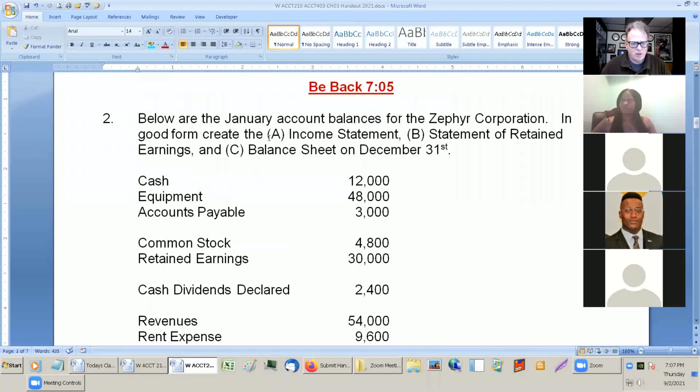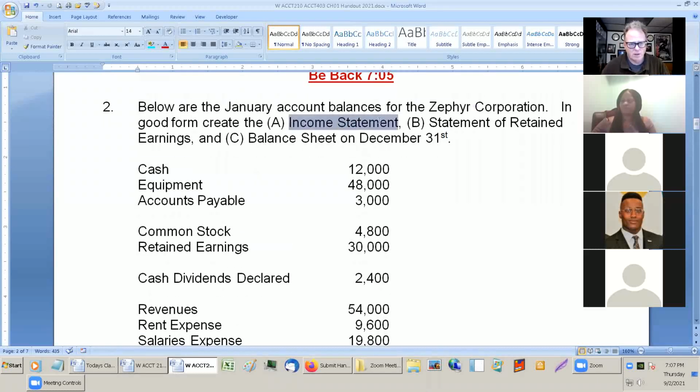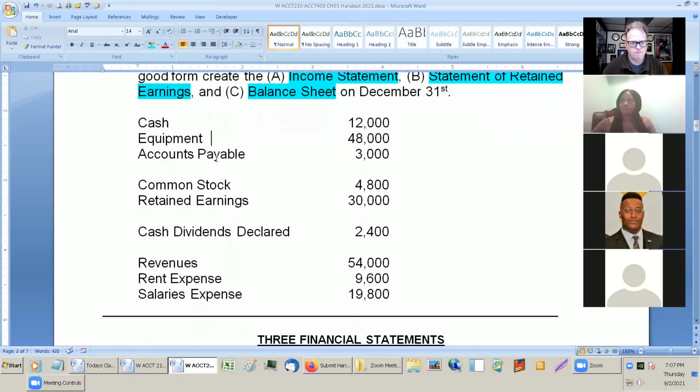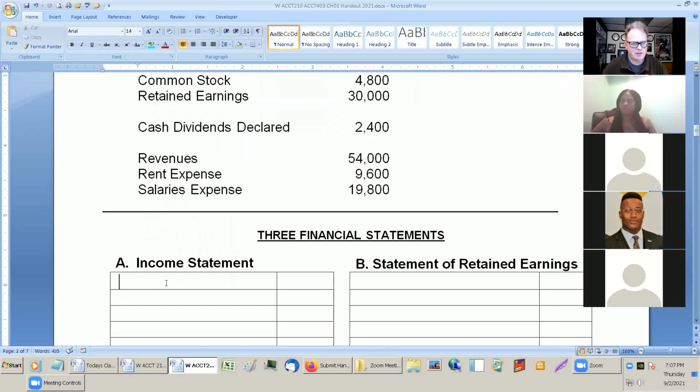So what we're going to do is our 3 financial statements: the income statement, statement of retained earnings, and the balance sheet. These are the 3 financial statements we're going to do, and we're going to do them together. And we're going to fill in these little spots here.